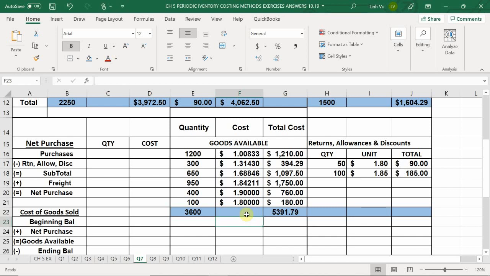Oh yeah, because we have the 29 cents from before.